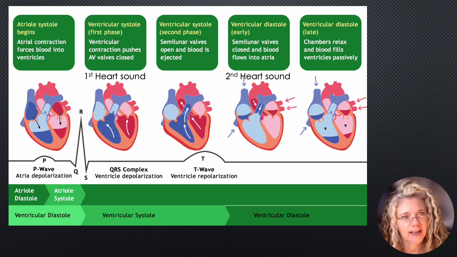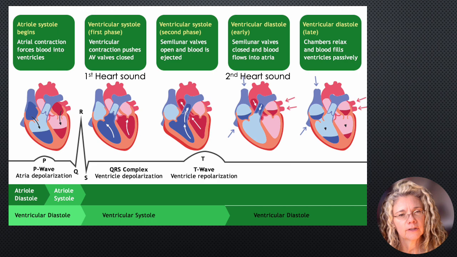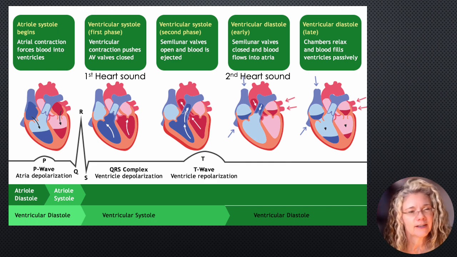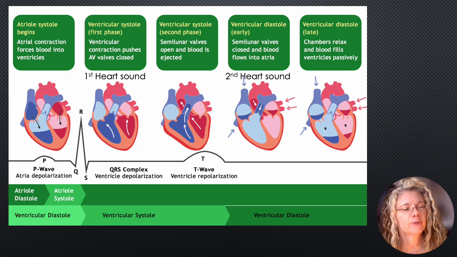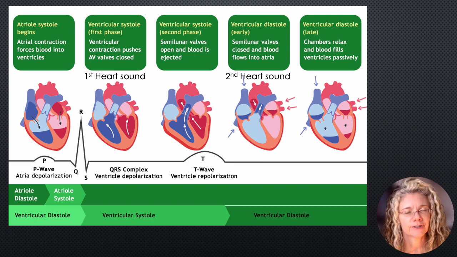We don't see that, right? The QRS is the huge electrical depolarization of the ventricles, and that kind of overwhelms the electrical repolarization of the atria. So don't worry about that. We don't see the atria repolarize, but it happens. It's good.